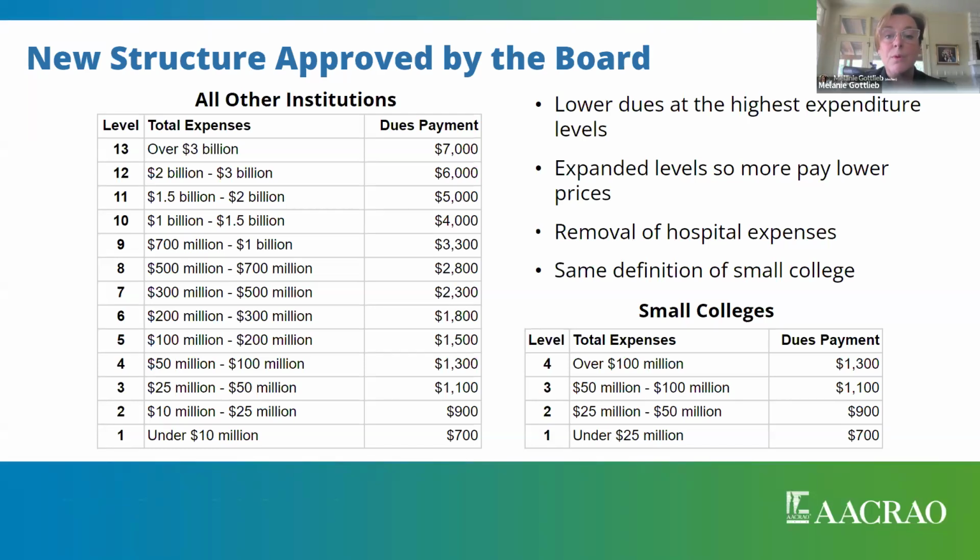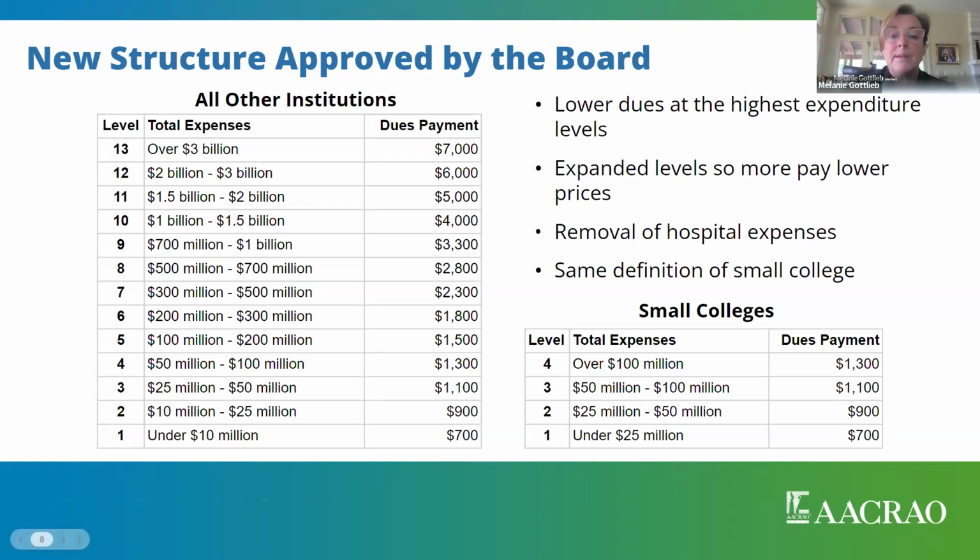Additionally, the individual levels are adjusted for a more generous dues assessment. For example, the lowest category has been expanded from under 10 million to under 25 million for small colleges, meaning that more small colleges will be eligible for the lowest dues rate of $700.